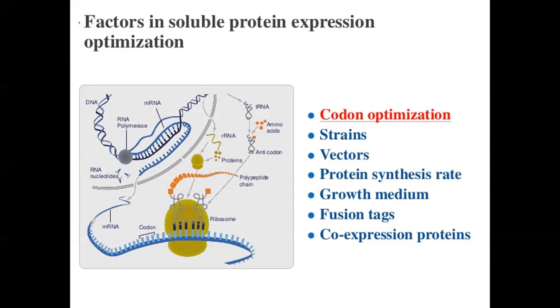Often the separate components of a complex are not soluble, mostly due to hydrophobic patches that are exposed to the solvent. For example, different amino acids in proteins: some are hydrophobic, some are hydrophilic. The amino acids facing the aqueous phase are hydrophilic, and the hydrophobic ones tend to be surrounded by hydrophilic amino acids.